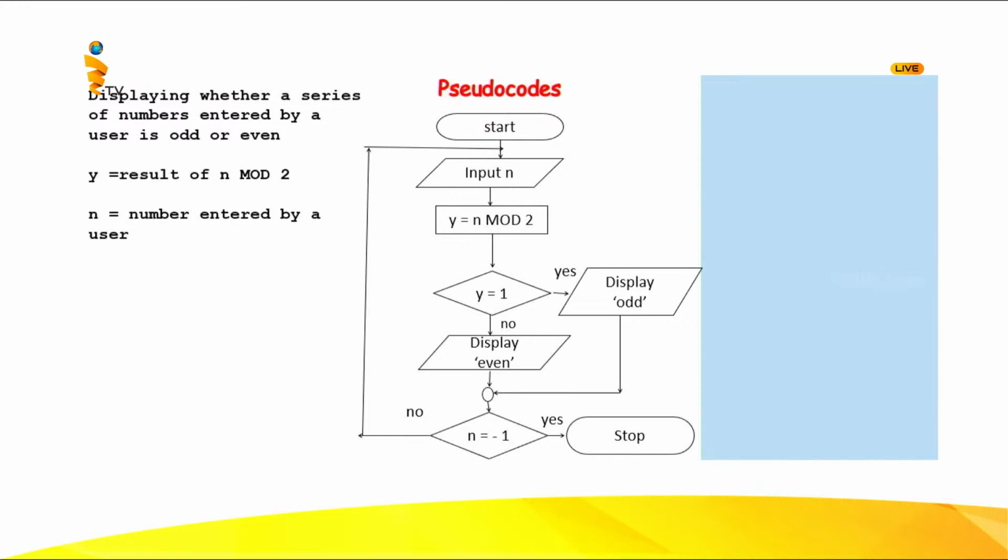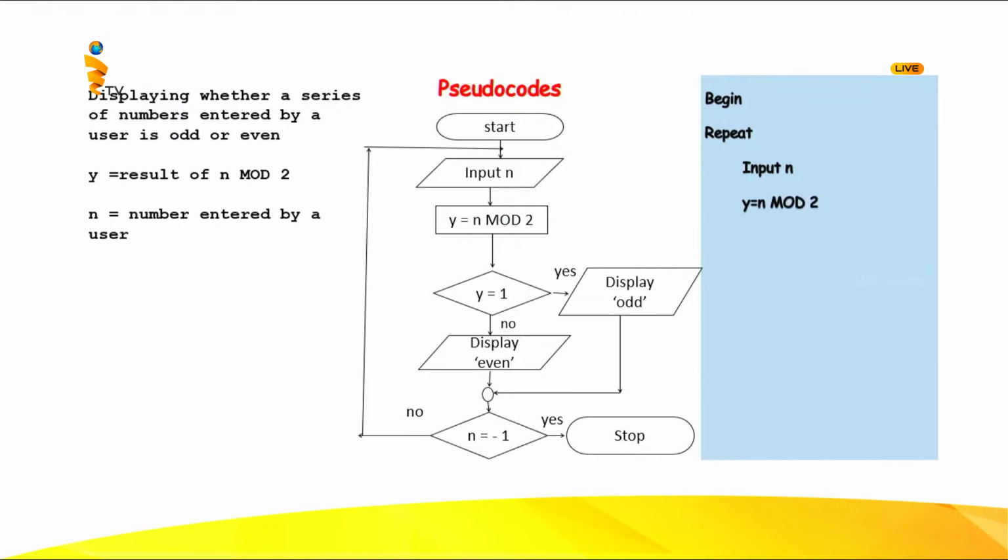Now we will look at the pseudocode. It is the same begin, and here there is a difference. We have to tell the computer to repeat these tasks till this condition occurs. What are the tasks we have to perform? We have to input n.